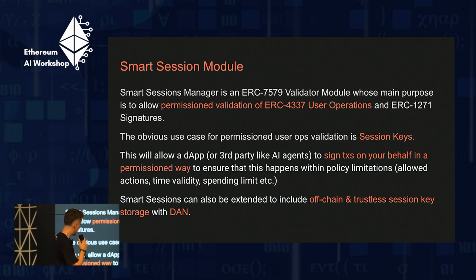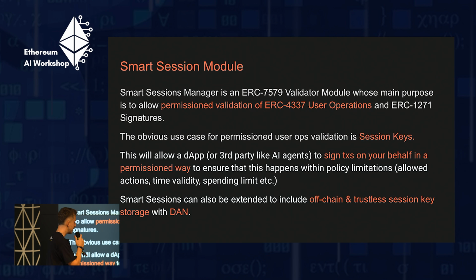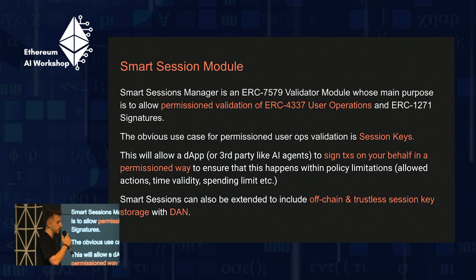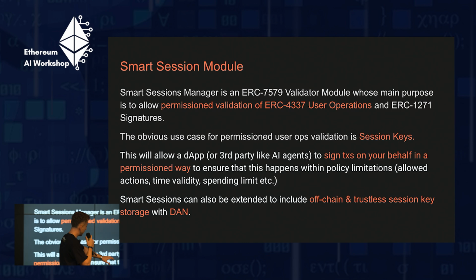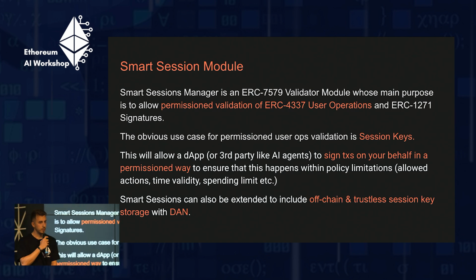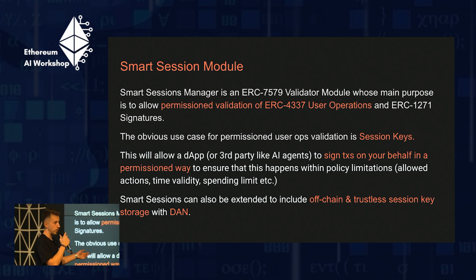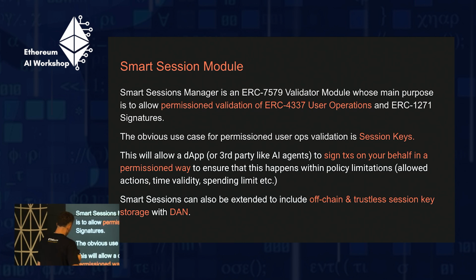So you can be chilling at the beach and letting the AI agent do the work for you and not having to worry that it can steal your money, because you have specified some policies, limitations, like spending limits, rate limits, contract interactions, like it can only interact with Uniswap smart contracts or so on.